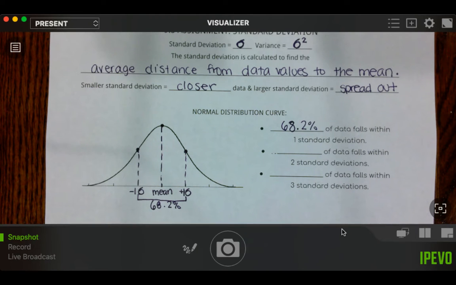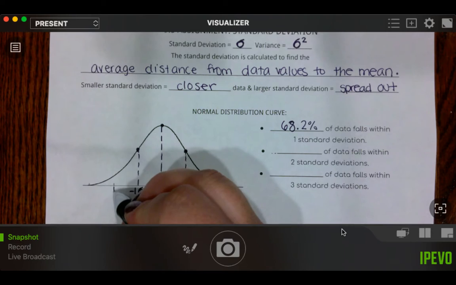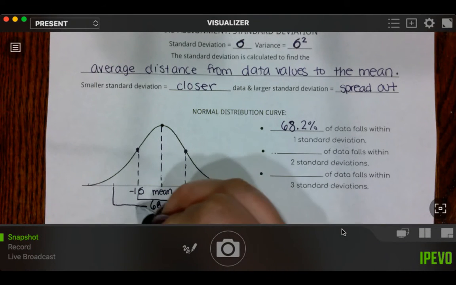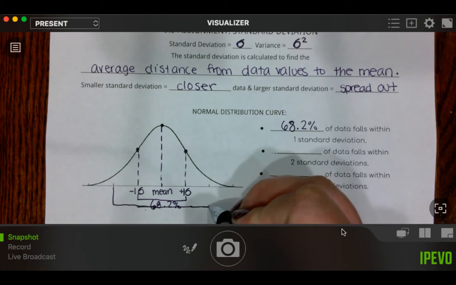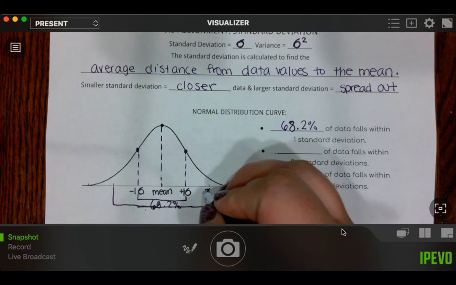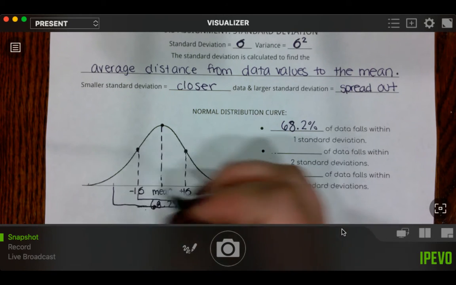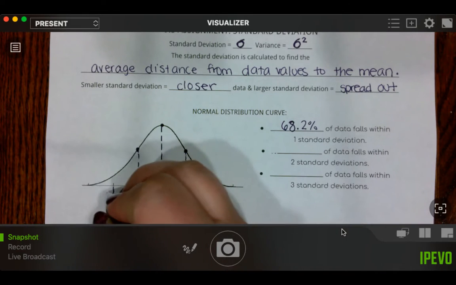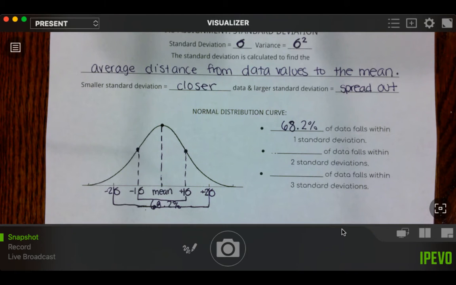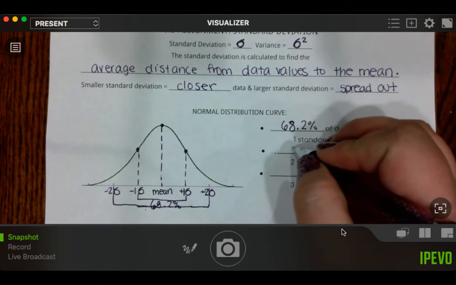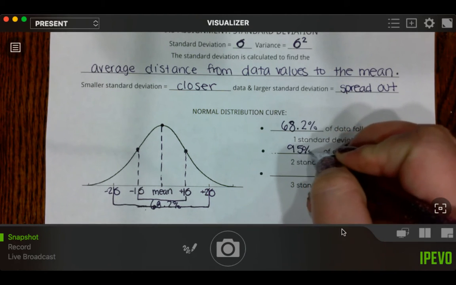And then if you go all the way out here, oops, didn't mean to write through that. Oh well, keep going anyway. This is where we have 2 standard deviations, added or subtracted. This is 95% of the data.